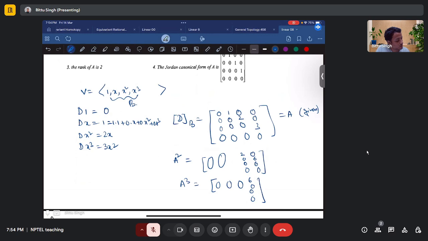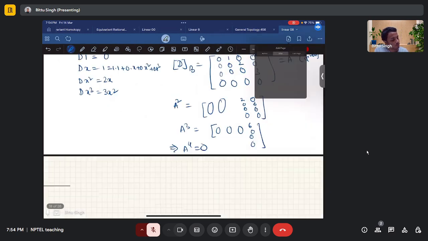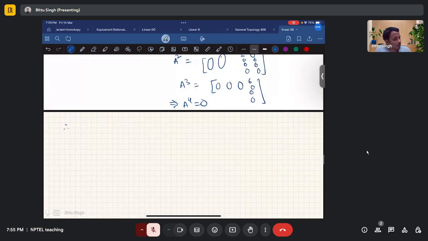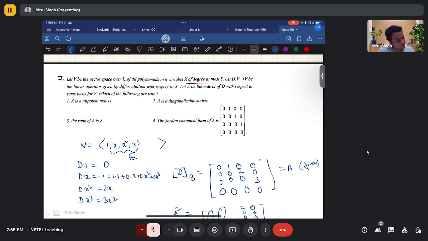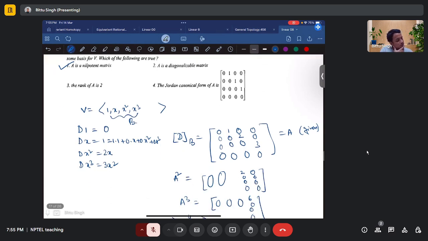And therefore, from here it is clear that A to the power 4 is actually 0. Therefore, A is nilpotent. A or the operator, both are nilpotent. Now the question is, what is the rank of A? From here it is clear that the rank of A is 3.